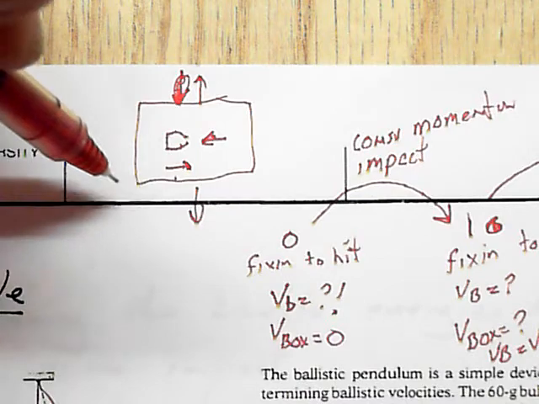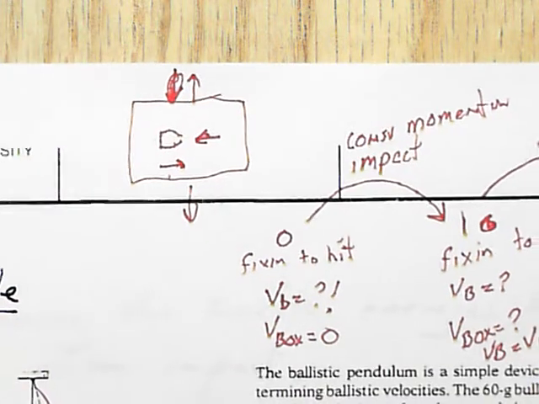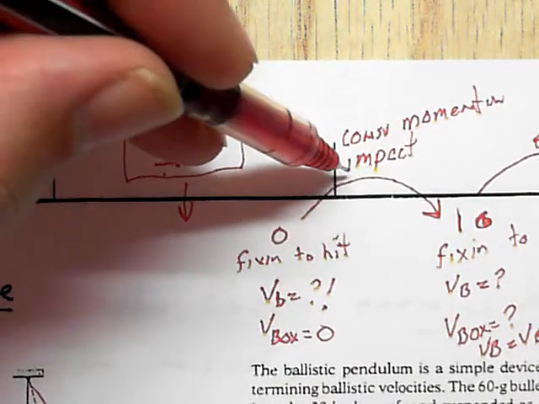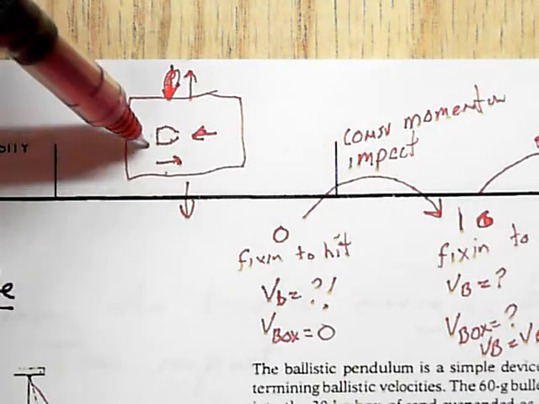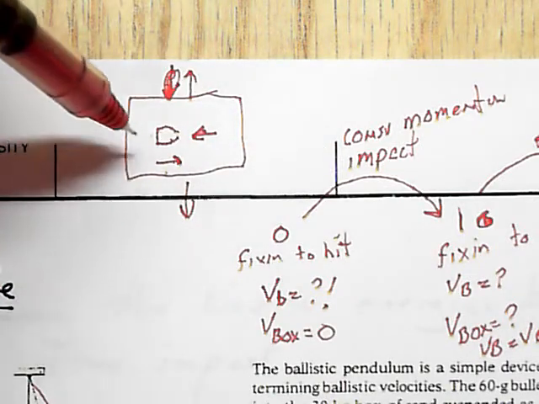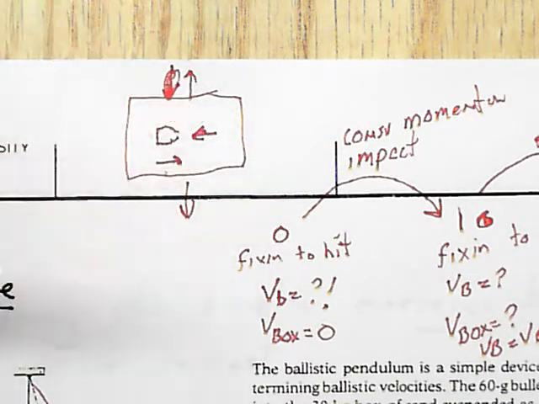So if there are no impulses, then we have conservation of momentum. Okay, we're going to talk about 3 kinds of impact in this chapter. This one I call the hit and stick. The bullet hits the box and it sticks to the box, meaning they acquire the same velocity.